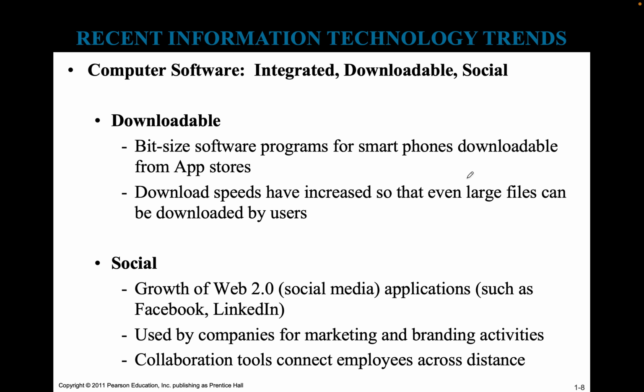Now let's go to the downloadability of the software system. A good software must have a bit-sized software package. Bit-size, not byte, just bit-size, so that it's easy for downloading. It must have a bit-sized software program for smartphones, downloadable from app stores or Play Store.